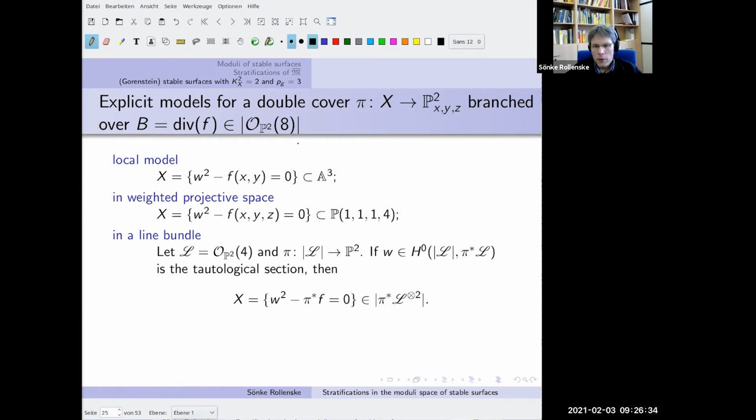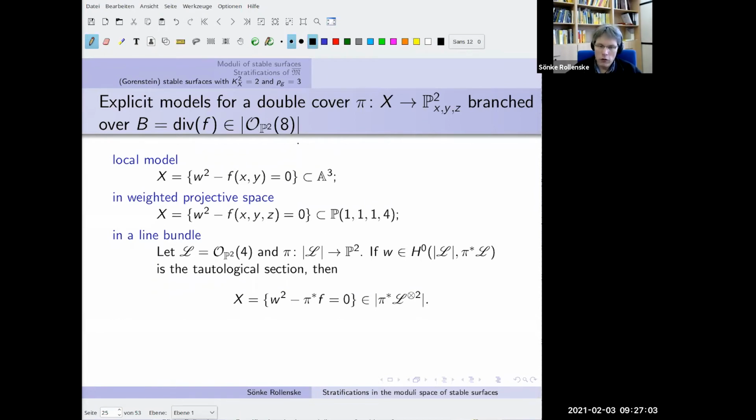Then W squared minus pi upper star of F will be a section of pi upper star of L squared. And again, I have globally written down my equation for the double cover. Is this really different from the thing we did before? Not really, because if you remove the singular point from weighted projective space, you get exactly this line bundle.